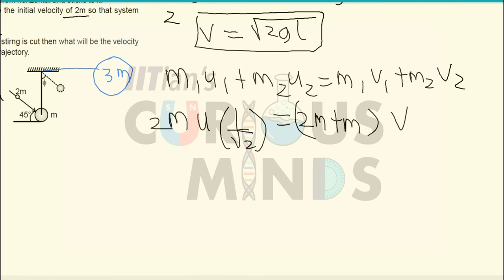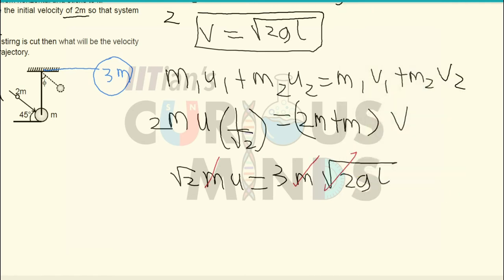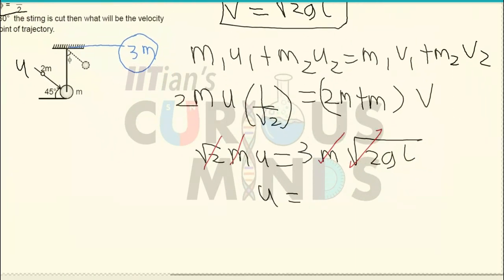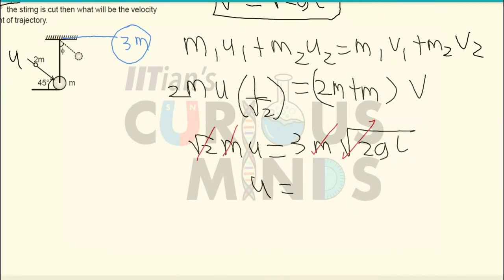So root 2 m into u will be equal to 3m into root 2 g into L. The m and m get cancelled out, root 2 gets cancelled out, and the initial velocity of the impact will be equal to 3 root gL.